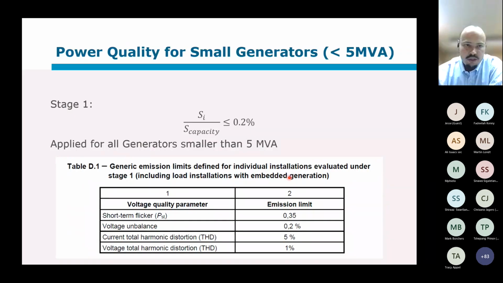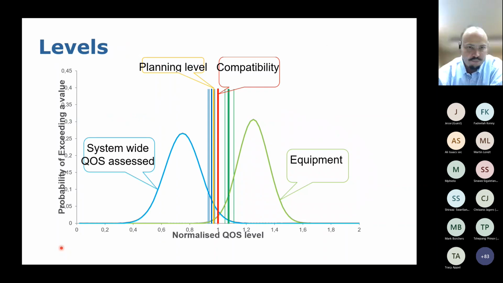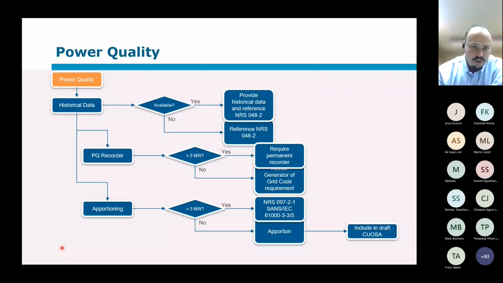So for the smaller generators, we just basically reference this, which comes from 048 Part 4, which can be included in the connection agreement, and then the 097-2-1 and IEC 61000-3-3 or 5. Those are specifically for the flicker compliance.